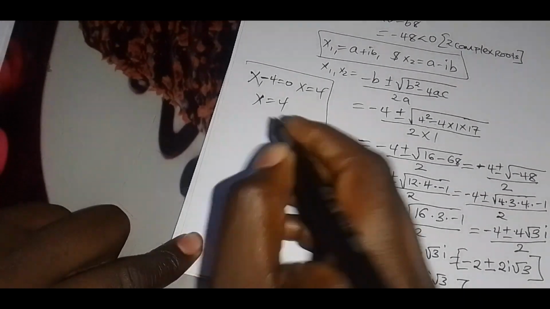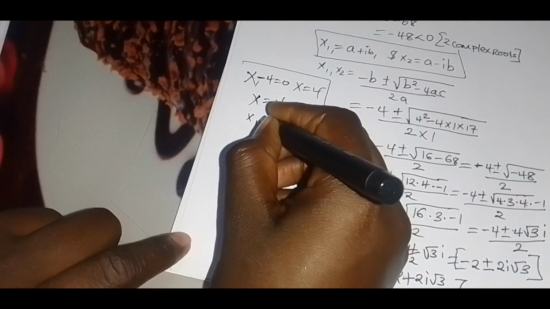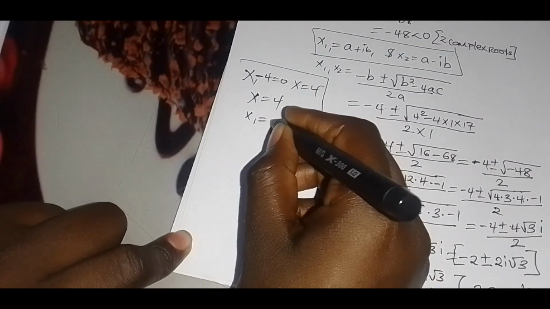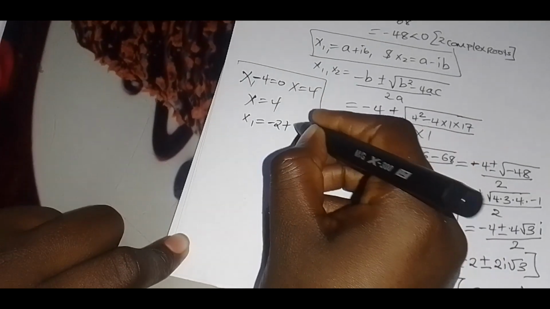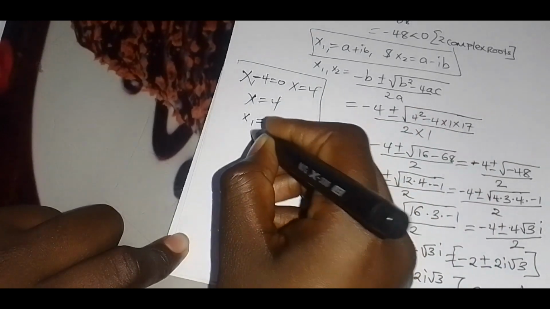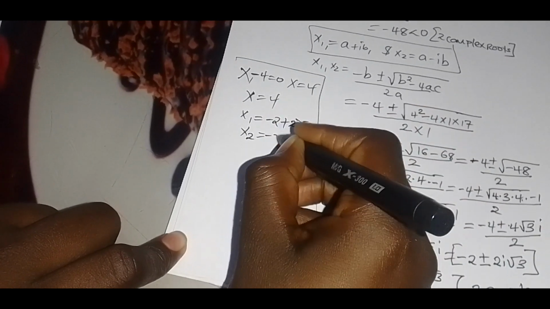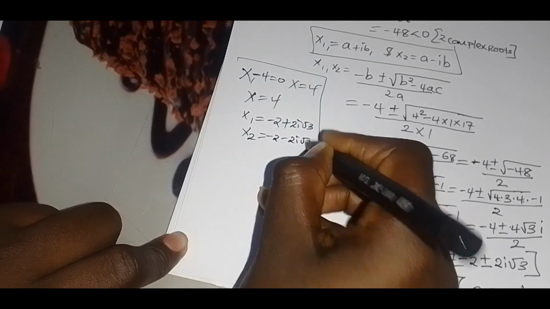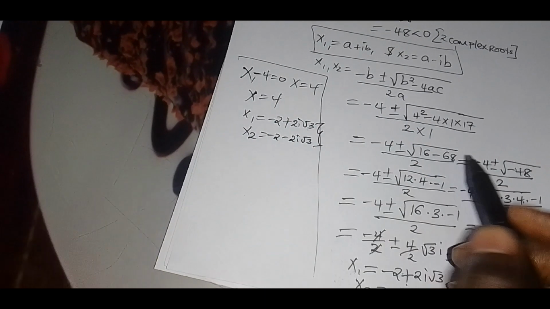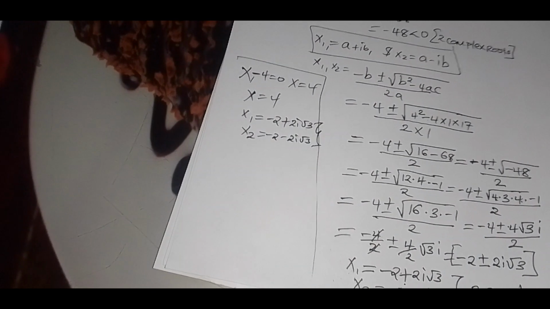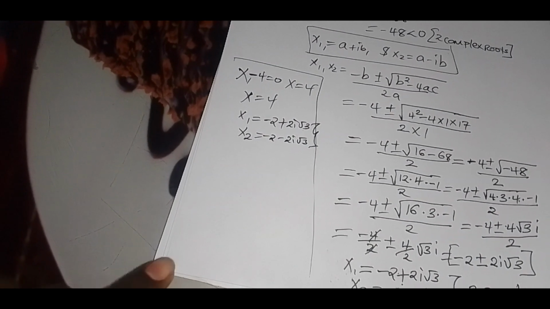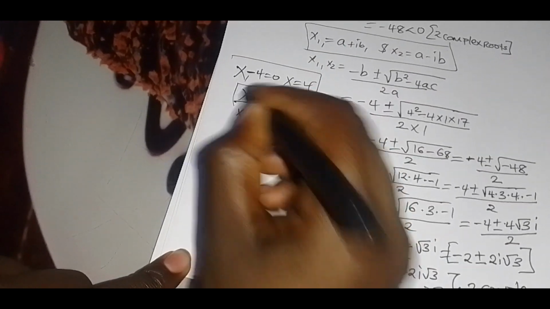And x1, which you have seen, is negative 2 plus 2i square root of 3, and x2 is negative 2 minus 2i square root of 3, which are the imaginary roots. So we have 3 solutions, with our real root equal to 4.